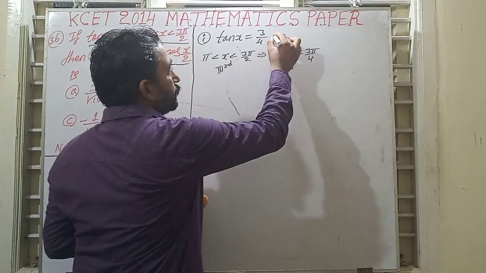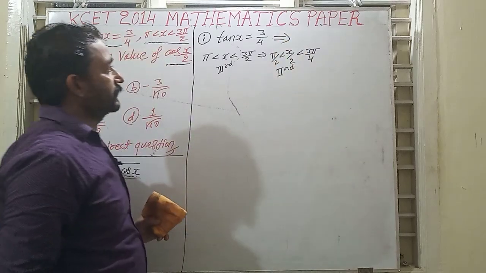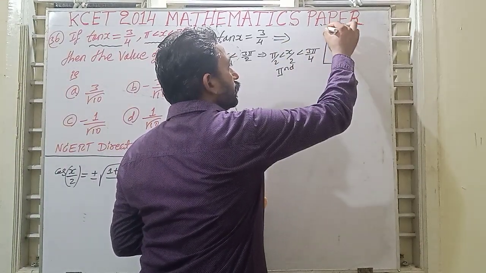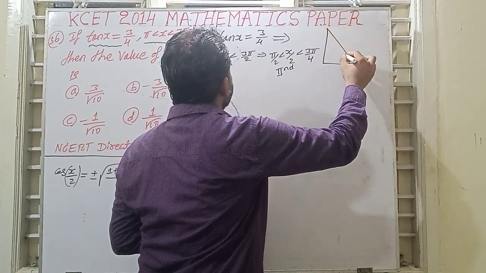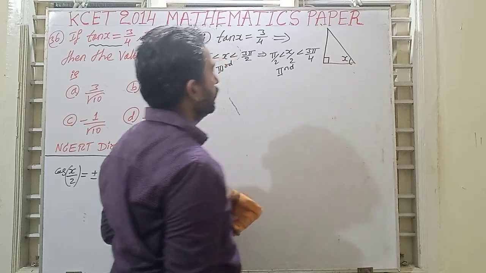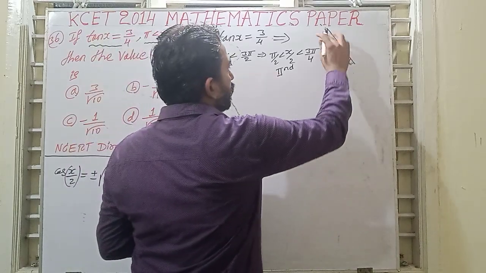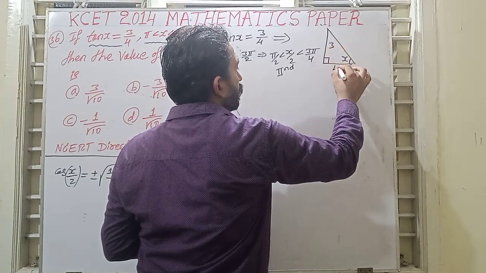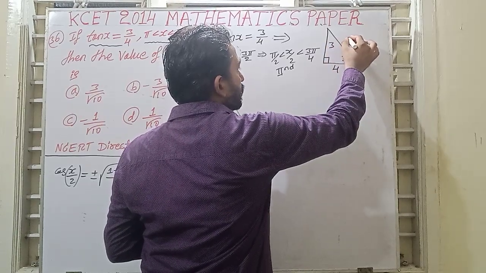Okay. So using Pythagoras triplets we have to find out cos x. Take one right angle triangle. This is x. Okay, this is the right 90 degree angle. Tan x nothing but what? Opposite by adjacent, 3 by 4. So the remaining side using Pythagoras triplets is 5.